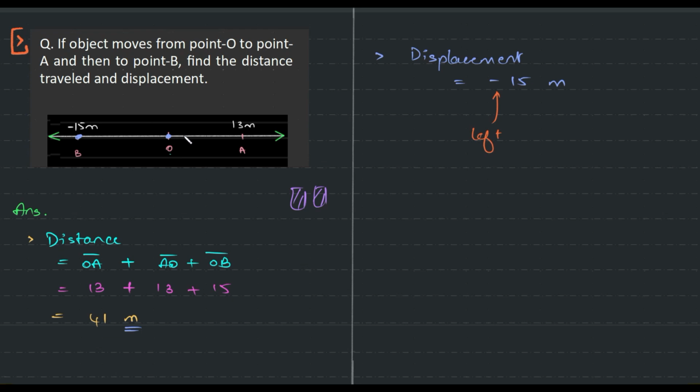So the straight line connecting O to B has length 15, but in the negative direction, that is to the left. So we consider right as positive. Since it's one dimensional motion, left is negative. So you can indicate the directional aspect as well.